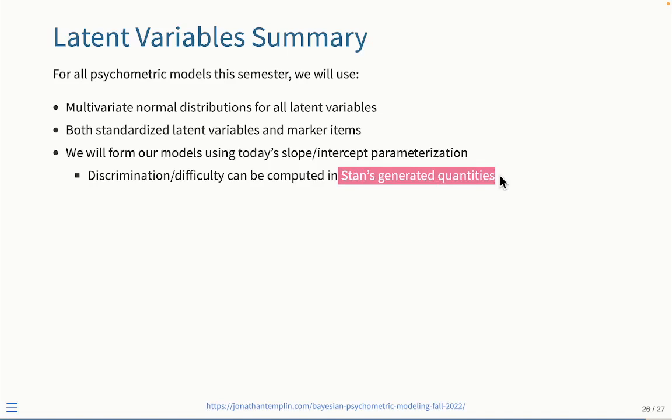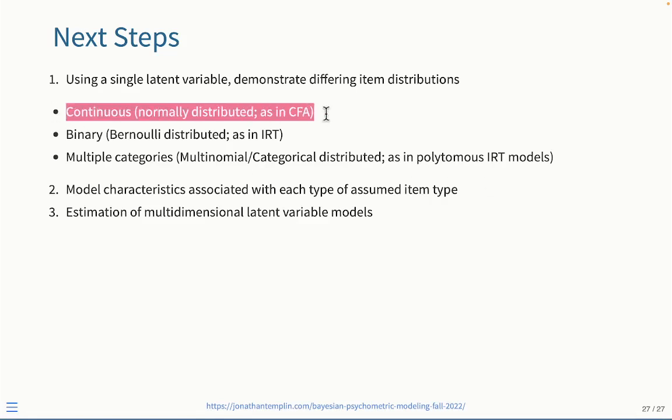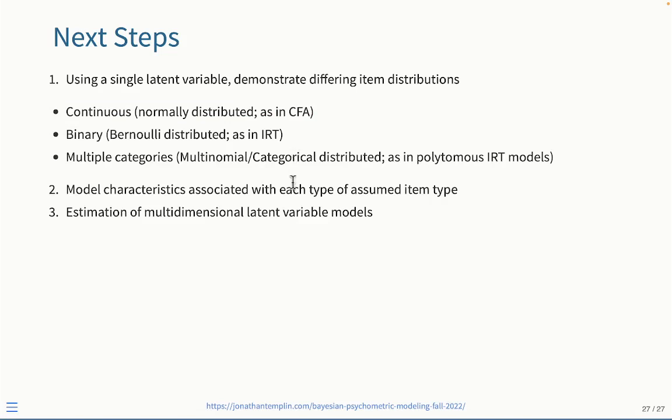They're all transformations of each other. So next, we will be looking at how this works for a single latent variable. We'll be talking about model characteristics associated with each type of distribution we assume for our observed variables. And we'll talk about estimation of multidimensional latent variable models as well.